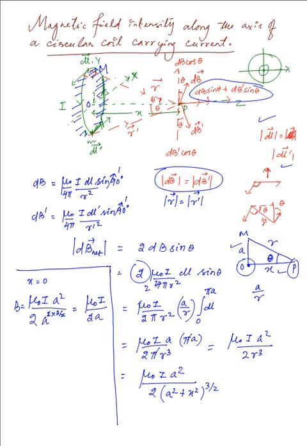Now remember, the direction remains as such, because the direction is as per the Biot-Savart law. The law remains intact, only the magnitudes have changed. So we have this direction acting into that coil that I had done.